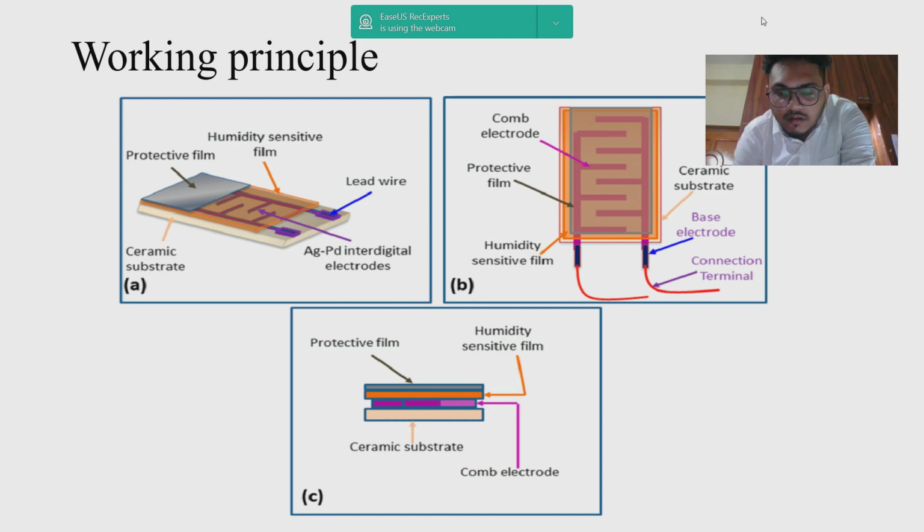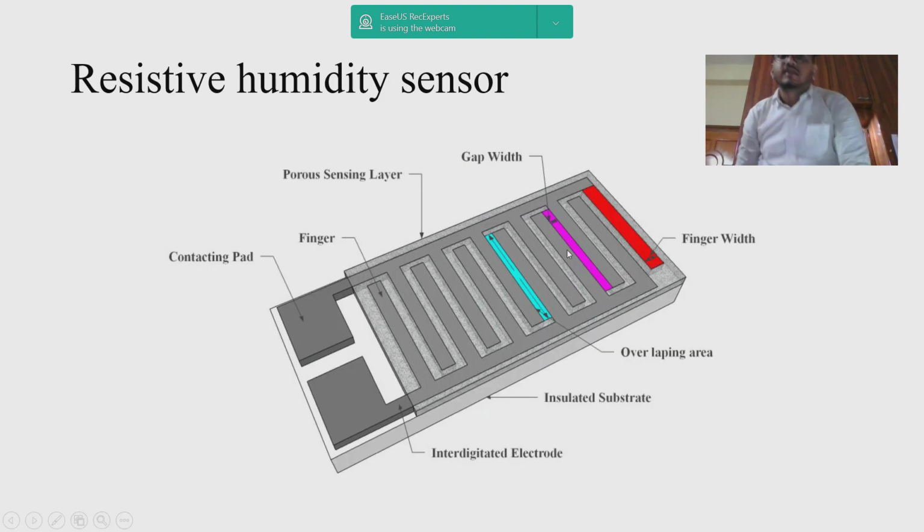The image is like this, which we have seen in the last slide itself. These comb-like structures are the films or substrates which absorb or release water vapor.